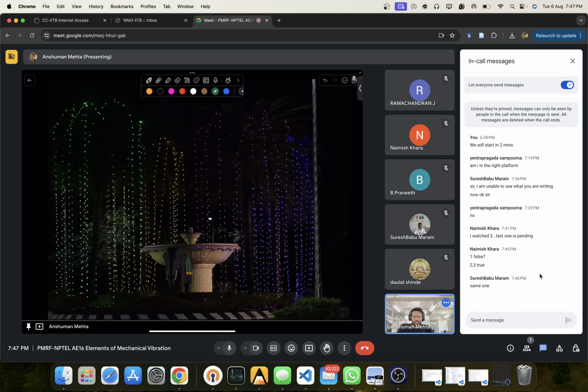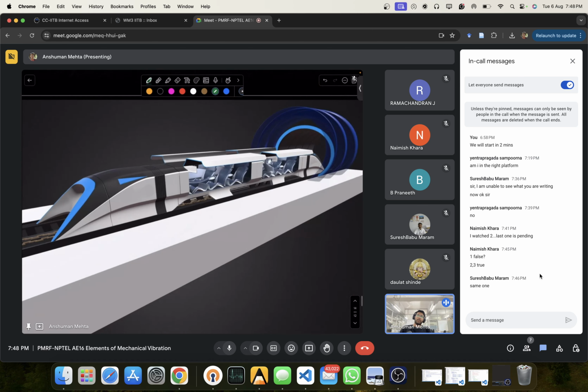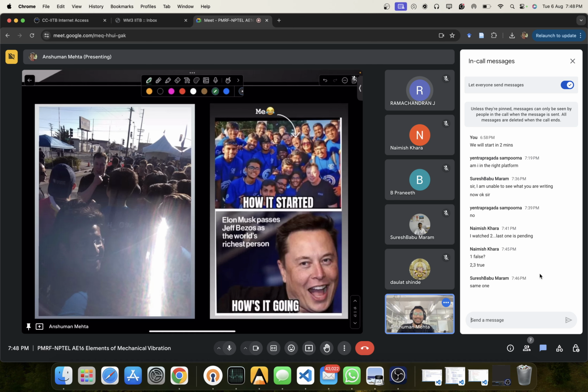Previously I was in IIT Madras, and there we formed a team called Hyperloop. You all have heard about Hyperloop, right? Okay, great. We actually competed in 2019 and went to the US, and we actually met Elon Musk. So see, it's not predictable.